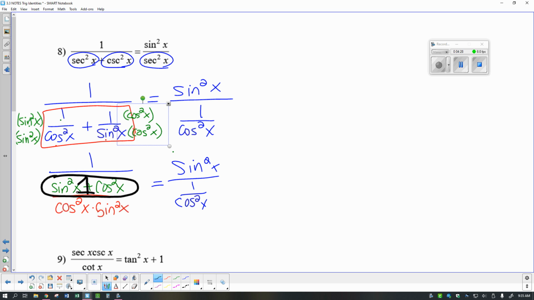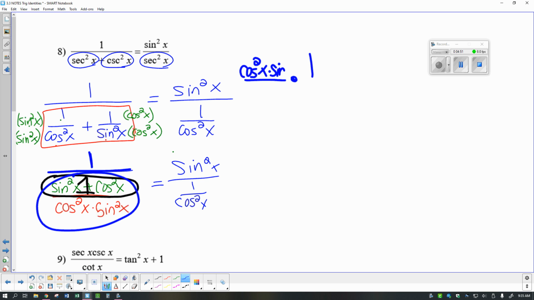Remember, when I'm taking this 1 here that I have, and I'm dividing by some fraction, I can actually take that 1 and multiply by the reciprocal of my denominator, or the reciprocal of that fraction. Well, the reciprocal of that fraction is cosine squared times sine squared of x over 1.